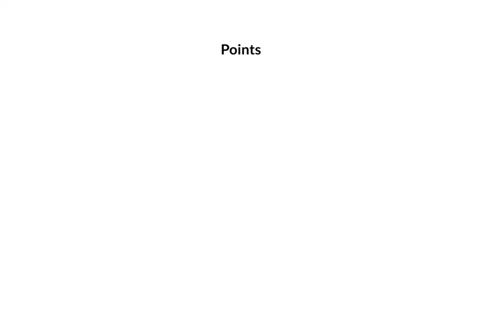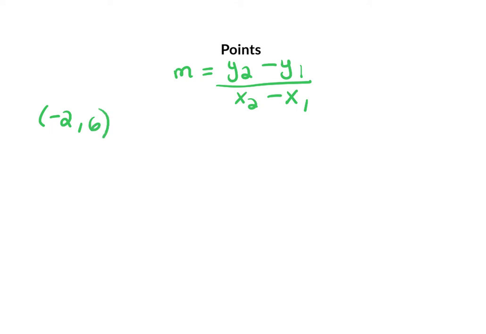Okay, finding rate of change between 2 points. So this is the classic formula, m equals y2 minus y1 over x2 minus x1. Change in y, change in x. We're going to do 3 different examples. The first one, (-2, 6) and (4, -10). So I've got an x and a y, an x and a y.